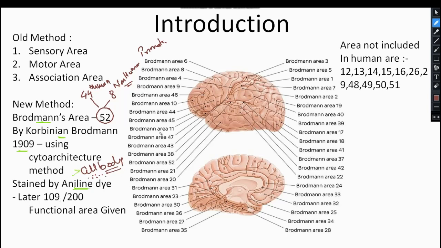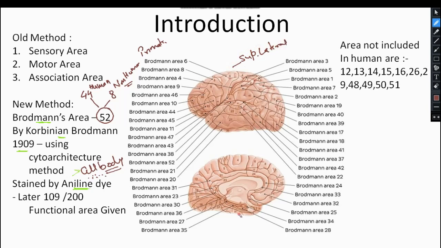Clear? So all these areas we can see here. Here we can see the cerebral hemisphere, and this one is a superior lateral view. Clear?